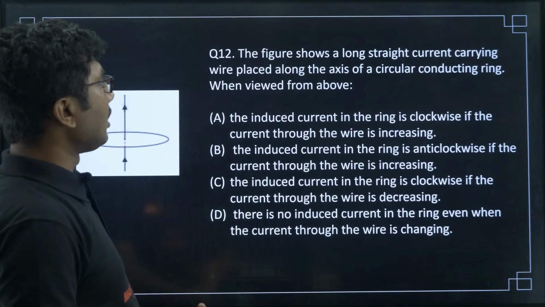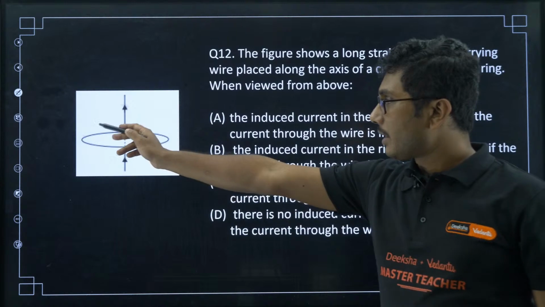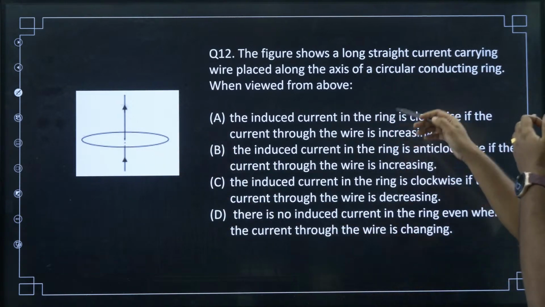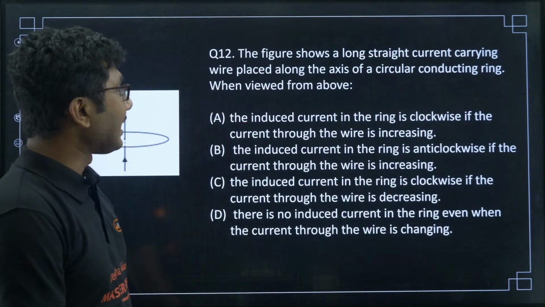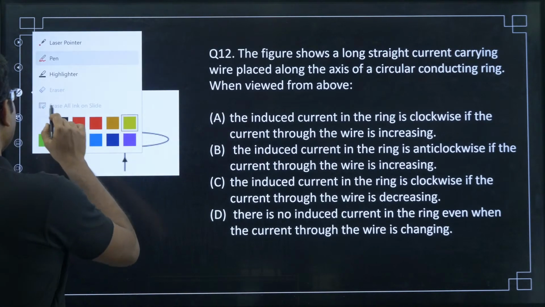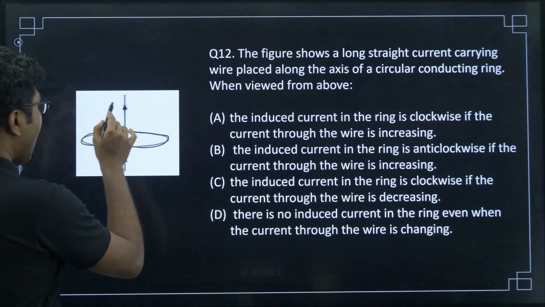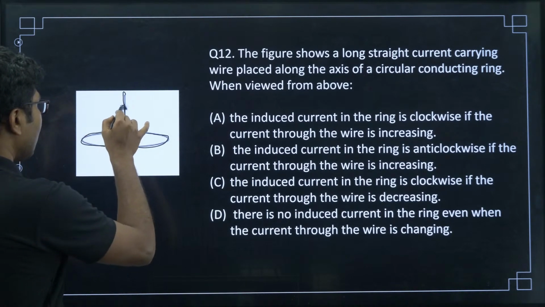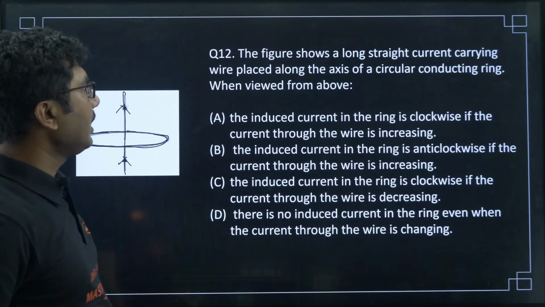The figure shows a long straight current carrying wire. So, long straight current carrying wire, okay, it is shown here. The wire is placed along the axis of a circular conducting ring. So, this is a conducting ring and this is a current carrying wire. The conducting ring does not have any current through it initially, okay.